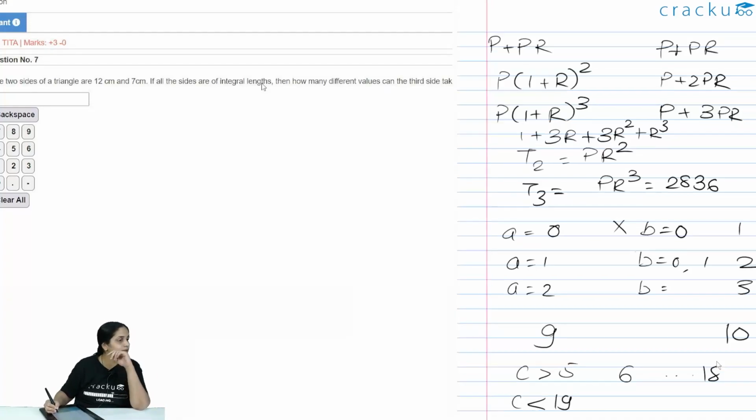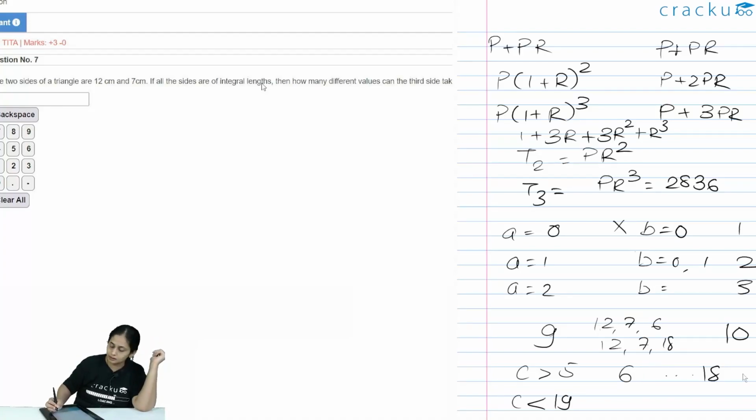You have 12, 7, 6, this is acceptable, and 12, 7 and 18 is also acceptable. So how many different values can this take? 6 to 18, that is 13 values.